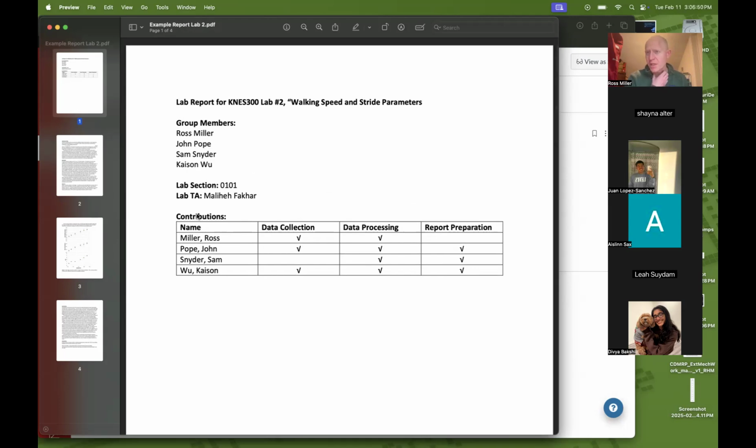This is what I use as a reality check at the end of the semester. Part of your grade in the lab part of the class is you do a peer evaluation of your group members. This is to protect you from anybody saying that something happened that didn't happen. For example, if you get dinged at the end of the year because one of your group members says they didn't help with any of the data collections, then I'll go back and look at these and say, well, you said they helped with 3 out of the 5 data collections.